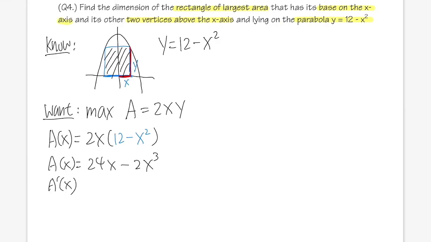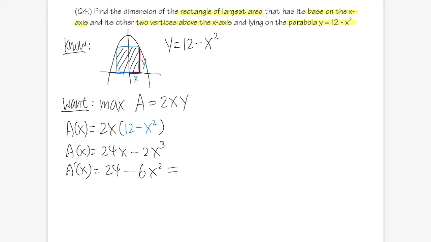All right, take the derivative. The derivative of 24x is 24, and the derivative of 2x cubed gives us 6x squared. Of course, we set this to 0 and put this to the other side. So we get 24 is equal to 6x squared, and dividing both sides by 6, x squared is equal to 4.